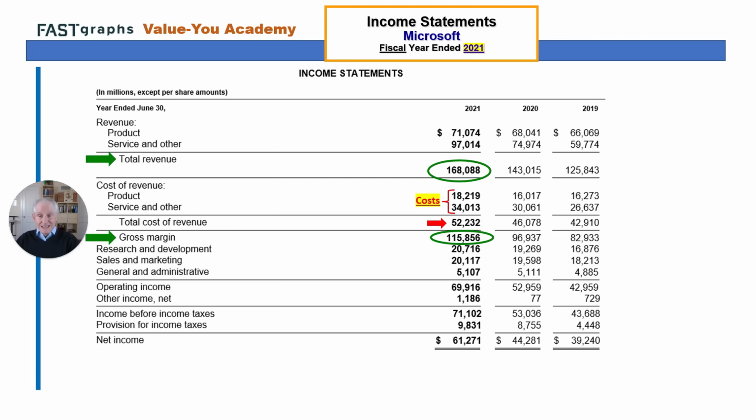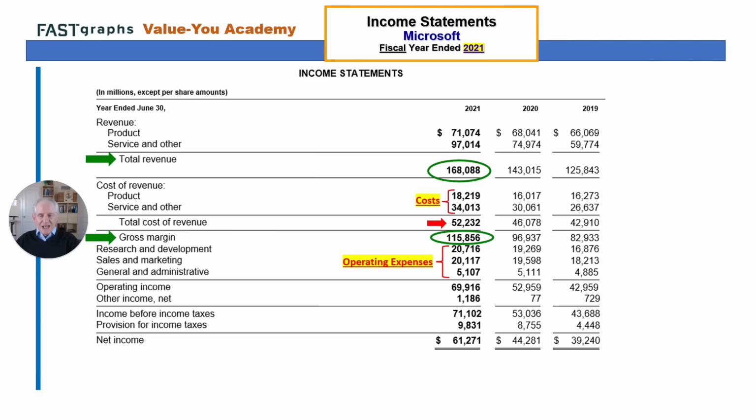Below that are the operating expenses we just talked about. R&D, they must expense that. Sales and marketing, general and administrative. So you've got 3 key line items of operating expenses over 12 months. 20.7 in R&D, 20.1 in sales and marketing, and 5.1 in general and administrative to run your business.